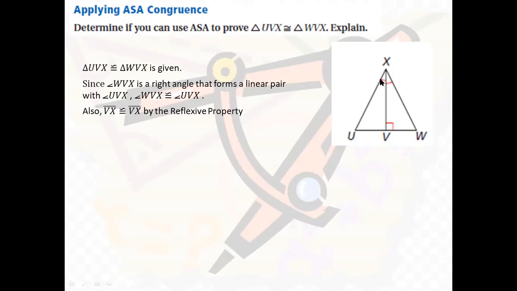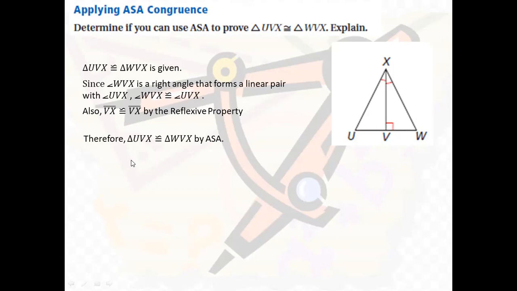So, and then we have the two angles. Now we are proving the final one: XV, or VX, is congruent to VX, because of the reflexive property. Now, have we found that two angles and the included side of both triangles are equal? Yes.